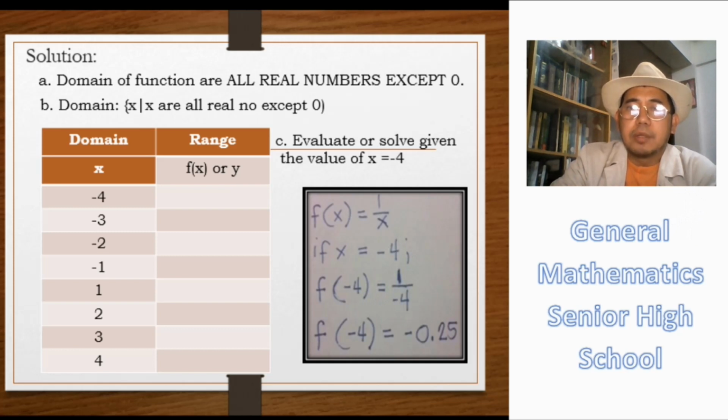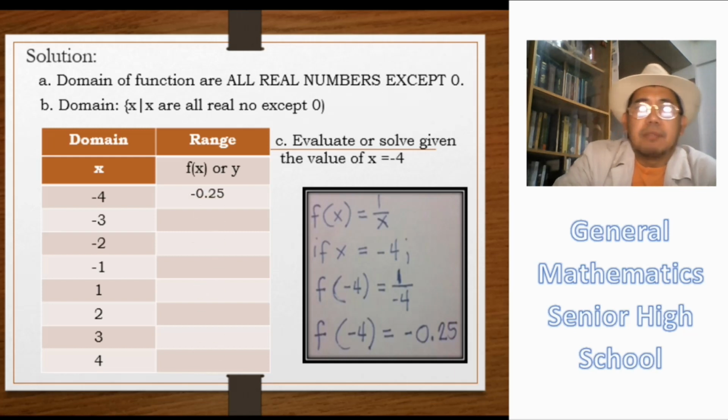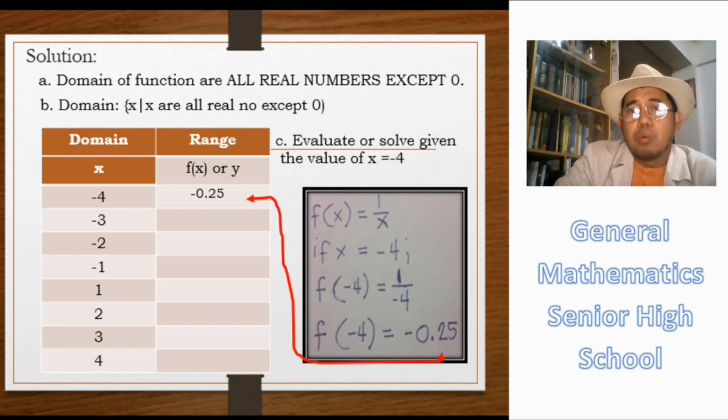After having this one, I will be dividing. 1 divided by negative 4 will give you negative 0.25. So the value of my function, if my x is negative 4, is negative 0.25. So that is how to evaluate. This method of evaluation will be true to all values of x.